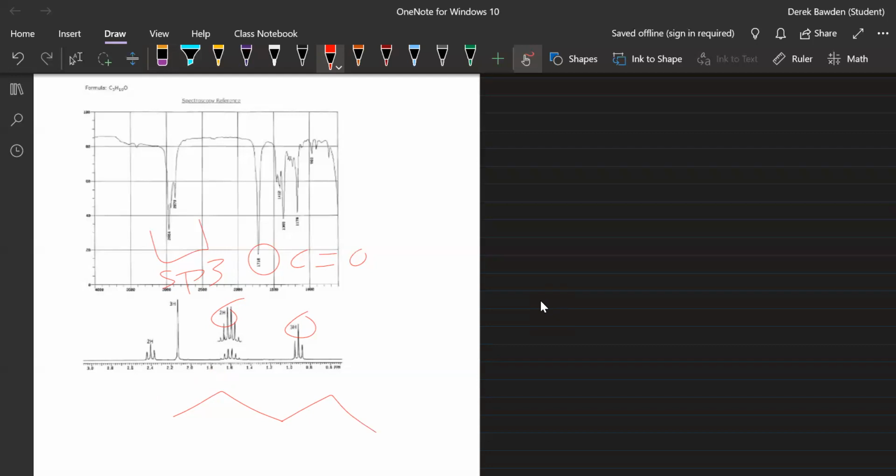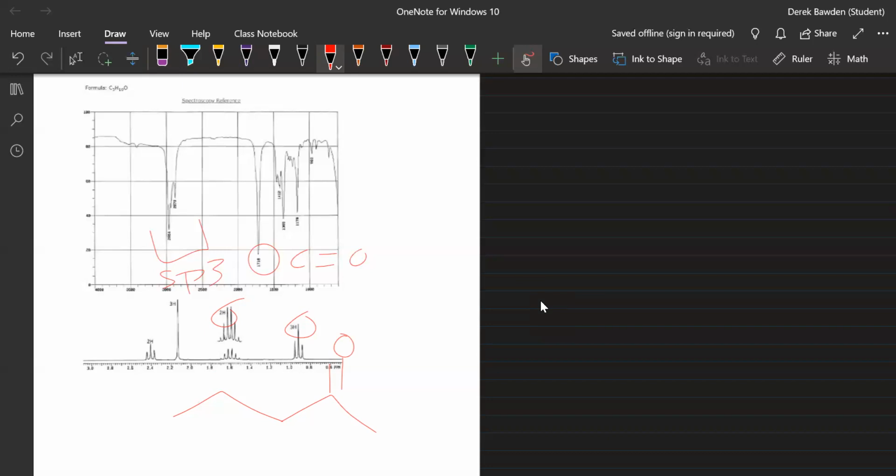And then we know we have a C double bond O, okay? I'm just gonna put that right here for now. I'm not sure where it goes yet, but I'm just gonna put it right there. Okay, and let's see if this fulfills our chemical formula first of all. So we have 5 carbons, 1 oxygen, and we have 3, 4, 5, 6, 7, 8, 9, 10 hydrogens, okay? So our chemical formula is fulfilled.